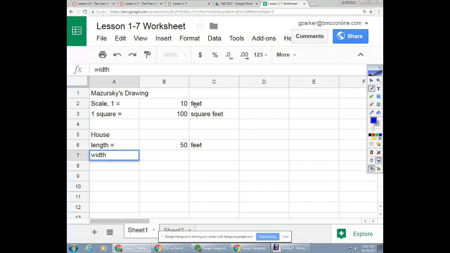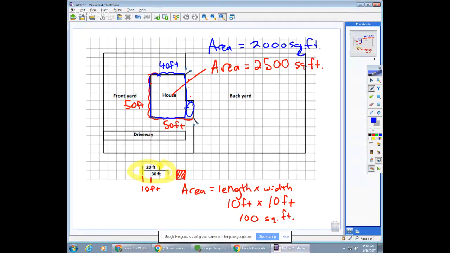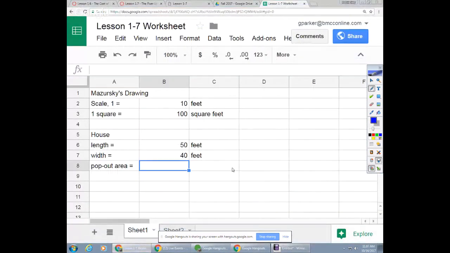I'm going to say the width for this, for now, is 40 feet. And then I'm going to make a note that there's a pop out. I'm just going to note the area of the pop-out. So the pop-out, if we look back at the picture, has 2 squares in it, and each square is 100 square feet. So I'm just going to make a note that the pop-out is 200 feet squared, 200 square feet.